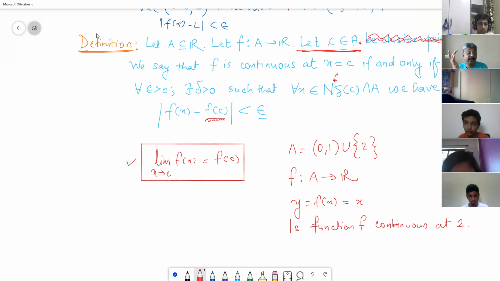Again, the function is continuous at 1 because the left hand limit is 1, the value of the function at 1 is 1, and we don't have a right hand limit because there are no points on the right hand side of 1. No, but the function is not defined at 1. Yes, just a moment.